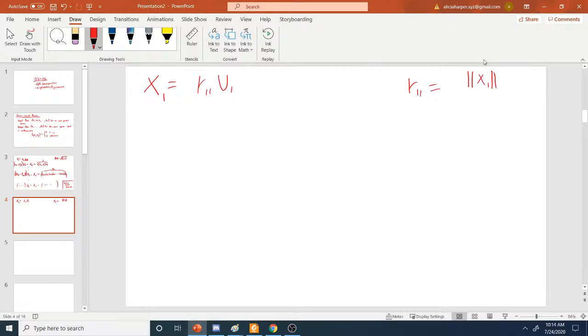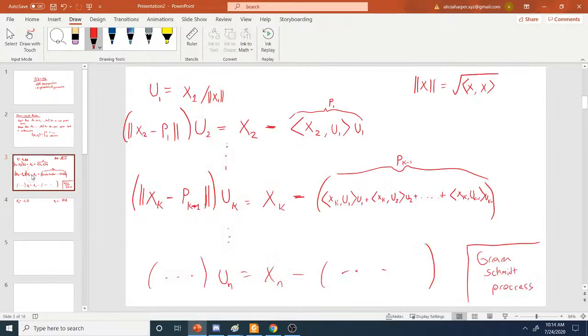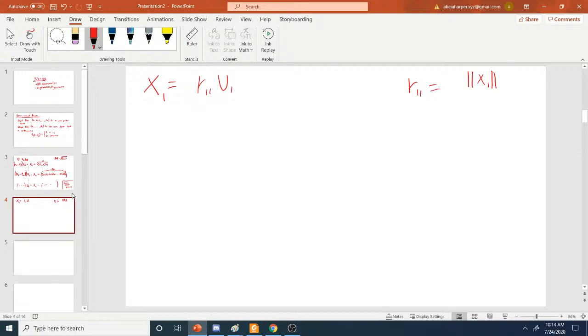And then I'm going to note that my second equality here can be written as x2 is equal to r22 u2 plus r21 u1.